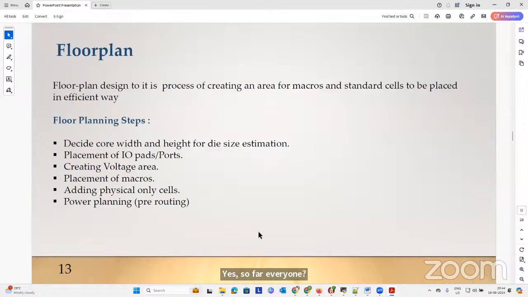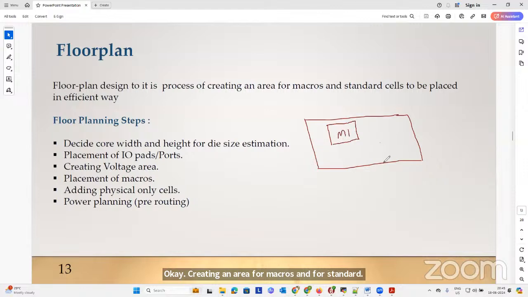Next is floor plan. Floor plan design. It's a process of creating an area for macros and standard cells to be placed in an efficient way. So this is definition wise. We are creating some area for macros and for standard cells.